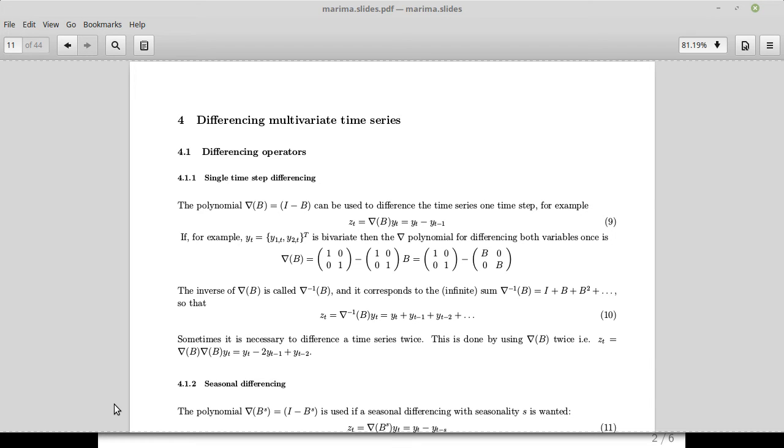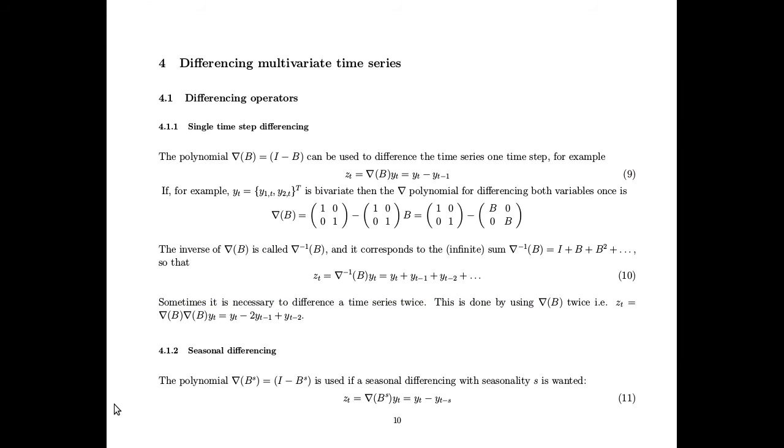So another concept, I should go back full screen, is differencing. This is quite different in Marima from what you're used to. In a univariate time series, you just do differencing of some lag, like 1 or a season like 5, 10, whatever you like.